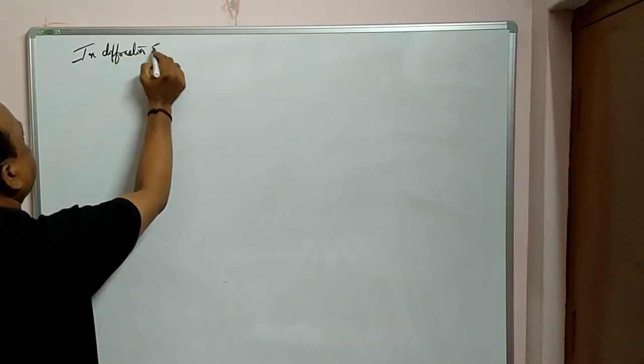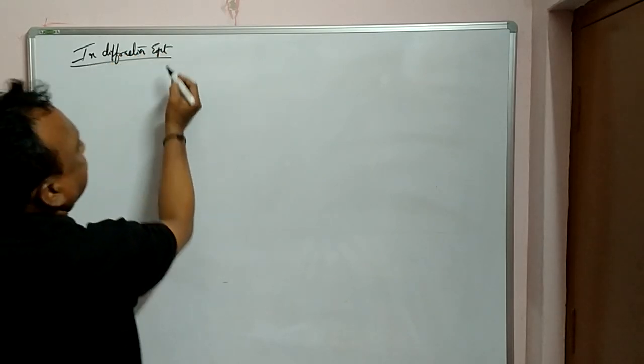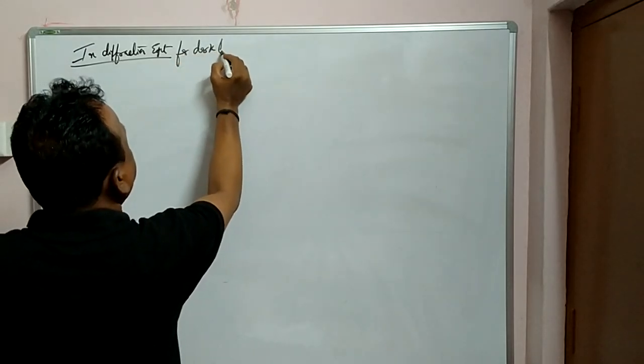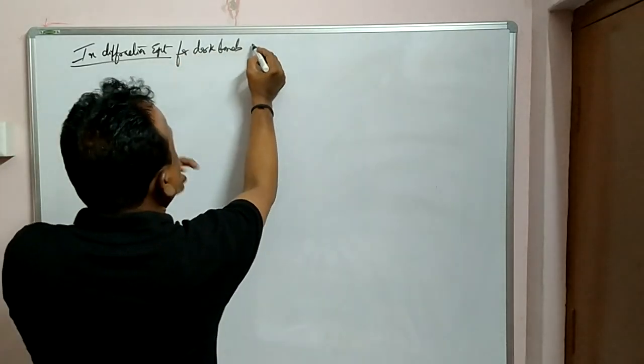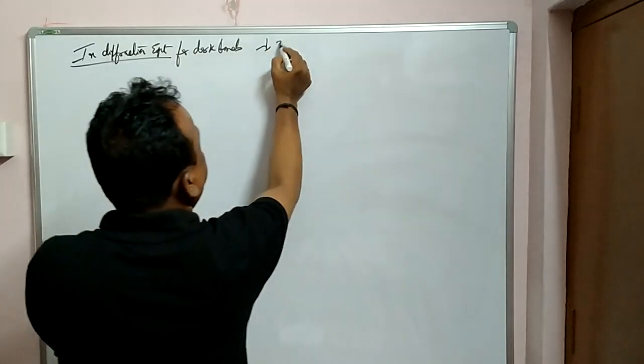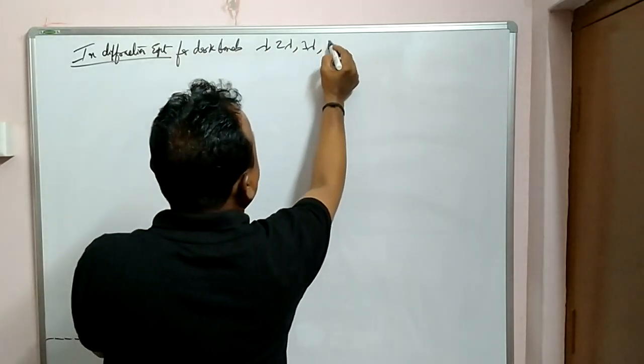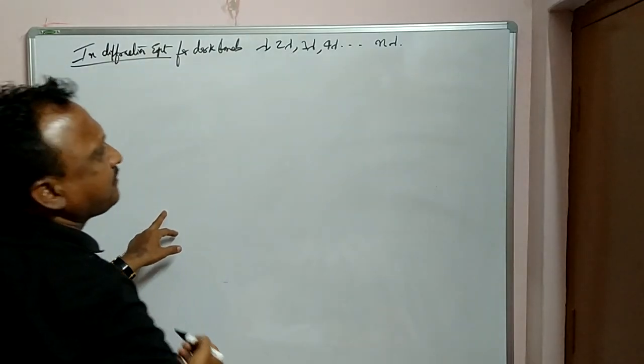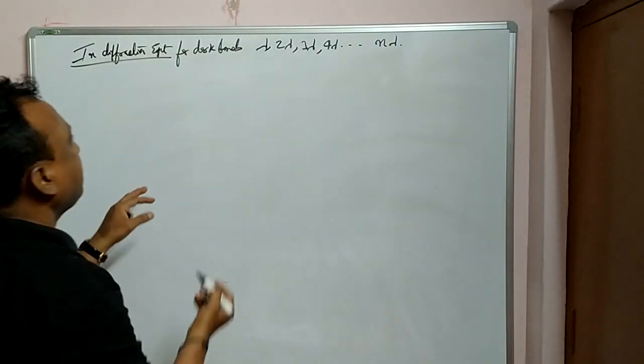In the diffraction experiment you have seen, that is for dark bands. Dark bands: what is the path difference? lambda, 2 lambda, 3 lambda, 4 lambda, n lambda. These are the things we got.